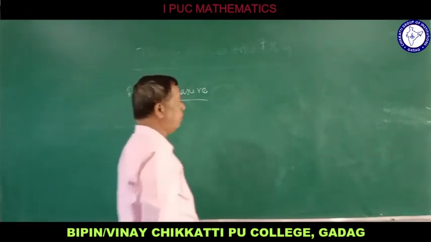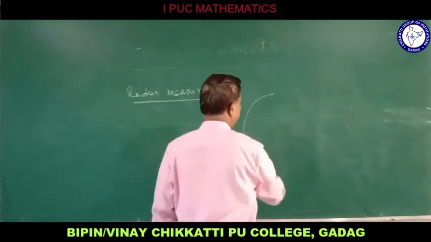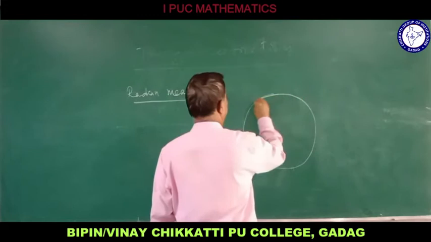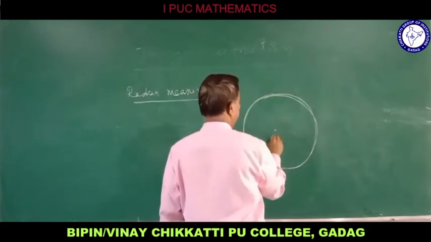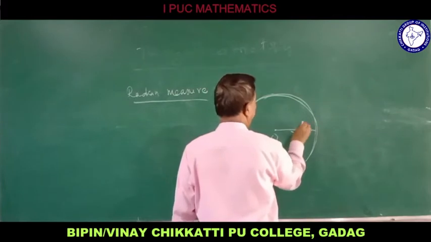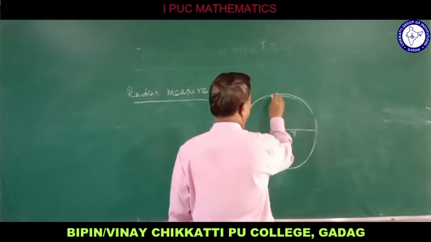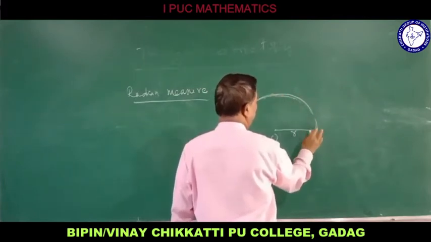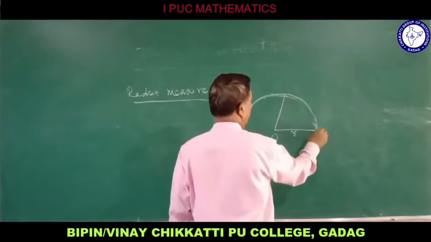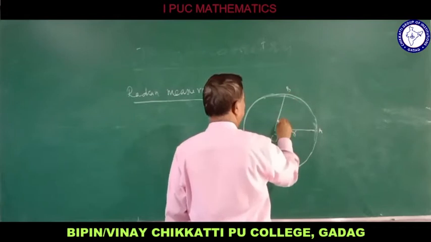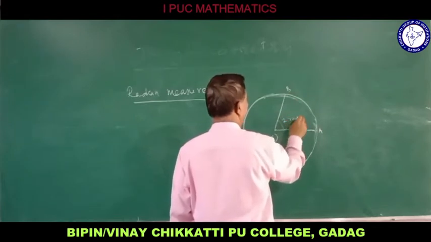So here I want to tell, this is a circle. Try to understand, this circle's center is O, radius is R. Look at this angle, I want to take this, OAB. This is 1 radian, I tell.